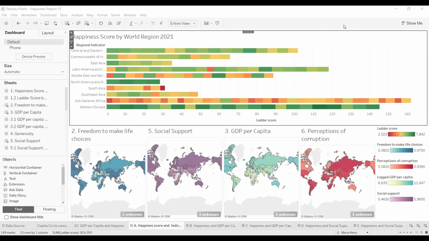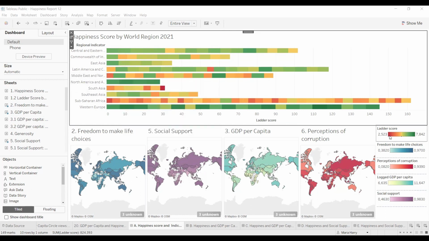This first dashboard is an overview. So we'll start with the horizontal bar chart. It is divided into 10 regions, as we can see. We have South Asia, Western Europe, and others. We also see that there are different colors. There's a range between red and green.